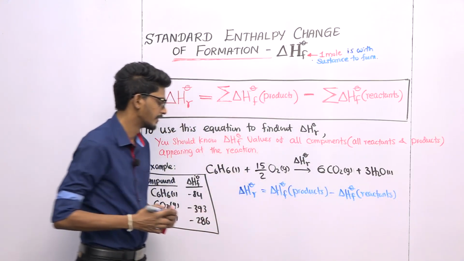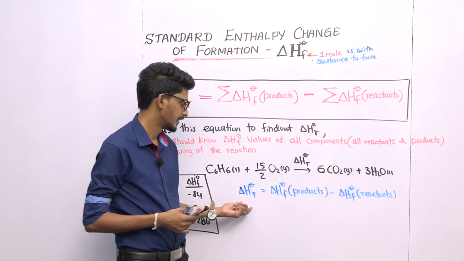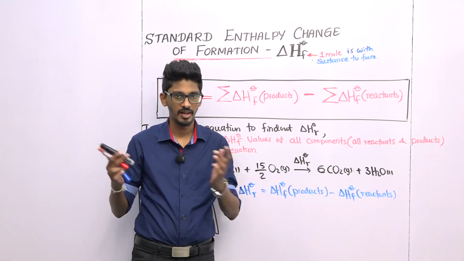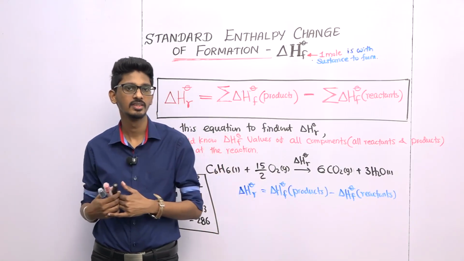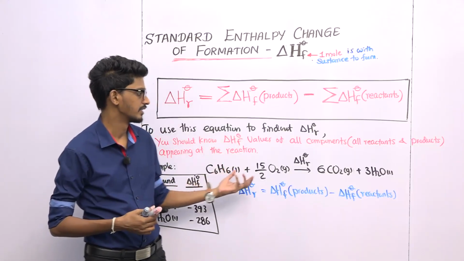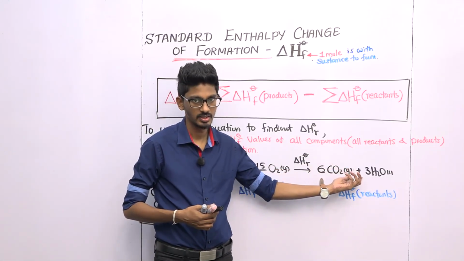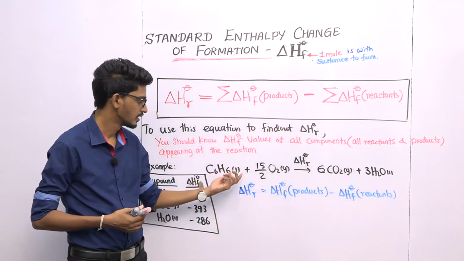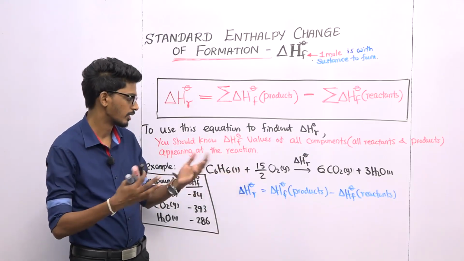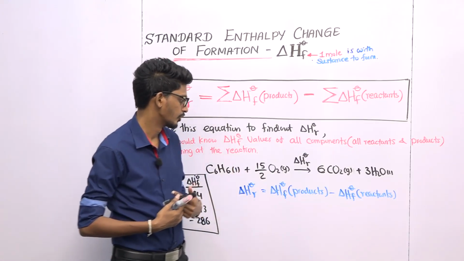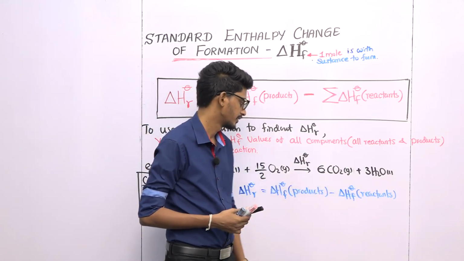When taking a change, it is always final minus initial. In a reaction, the final state is the product state and the initial state is the reactant state. So it is products minus reactants.